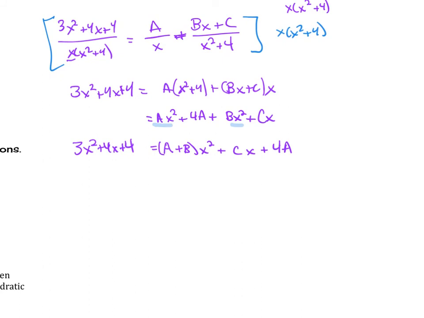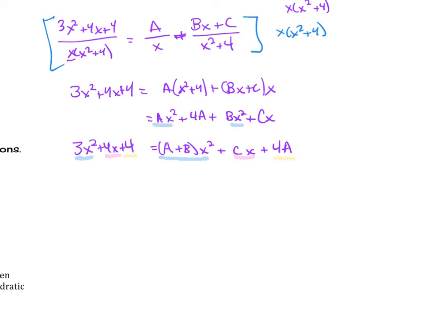Now we're going to use the fact that two polynomials are equal if and only if the coefficients of like terms are equal, and that's going to help us write a system of linear equations. So we take the x squared and equate it to the x squared value, equate the x with the x, and then our constant with the constant.